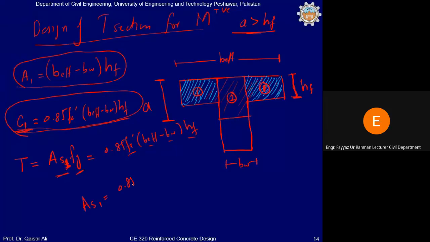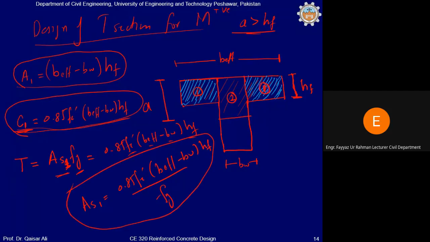It will be equal to 0.85 fc prime into b effective minus bw into hf divided by fy. अभी क्लियर है कि नहीं? Yes, sir. So first of all, we will calculate the design reinforcement required to balance the compression force resisted by area 1. यहाँ तक क्लियर है?